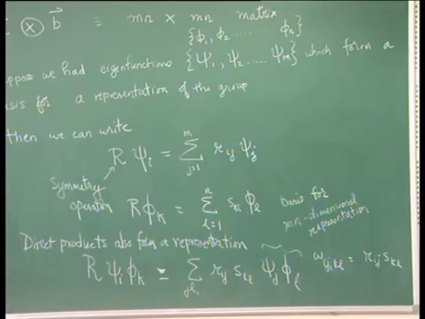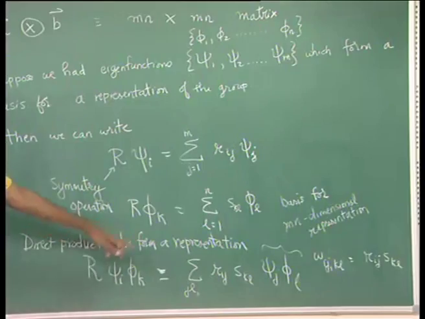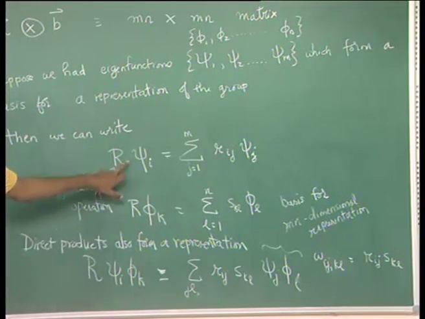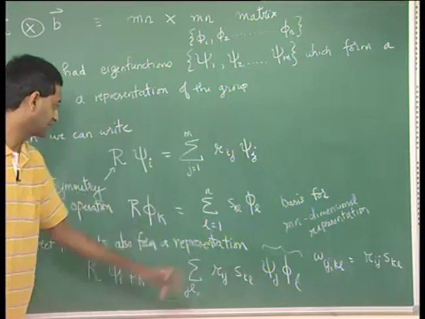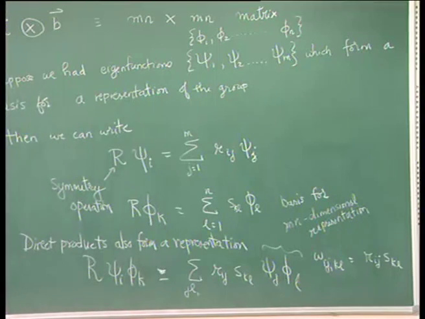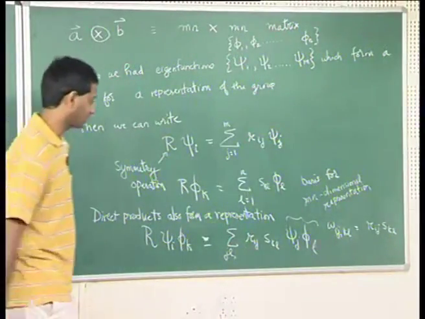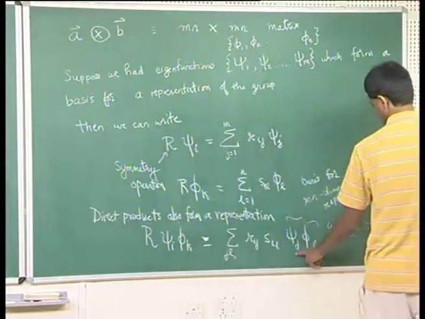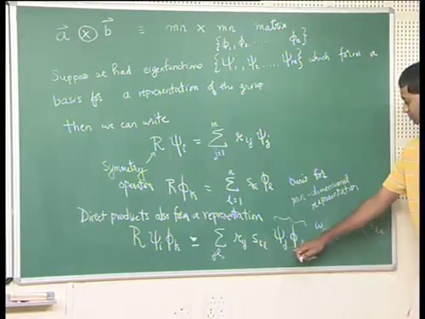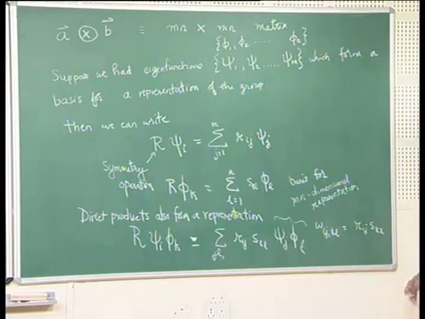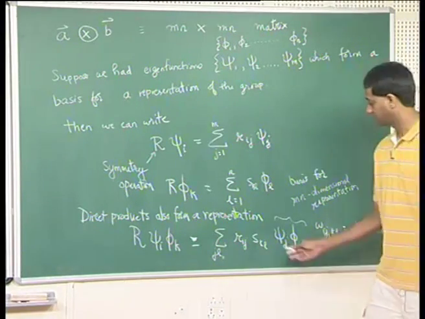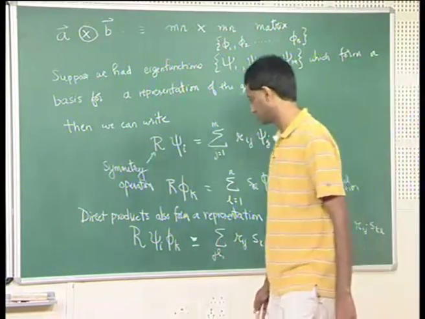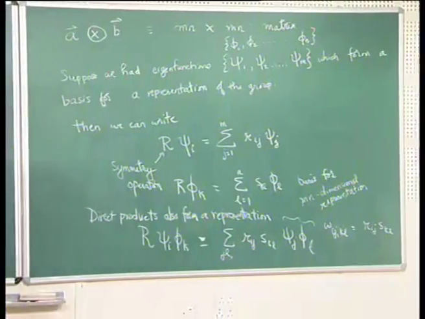You can see this expression very easily. You just take a product of these two, then you will end up with that expression. So, what this means is that this is one element of this direct product, and this direct product serves as a basis for the Mn dimensional representation.